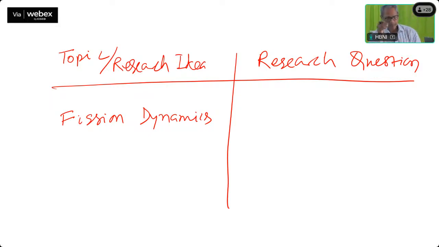Suppose I want to study fission dynamics, how fission is taking place. My question can be one I can write. Suppose I want to study how nuclear fission is like a liquid drop breaks into two.